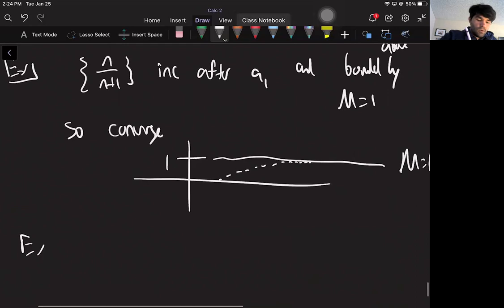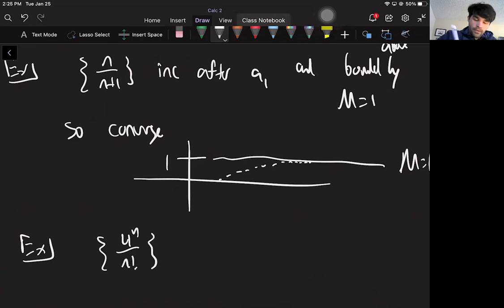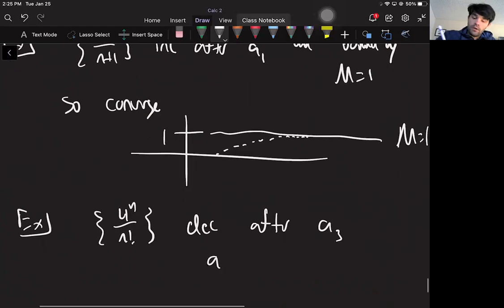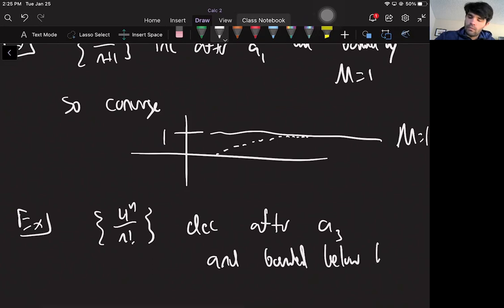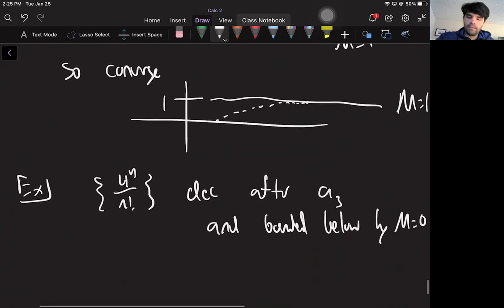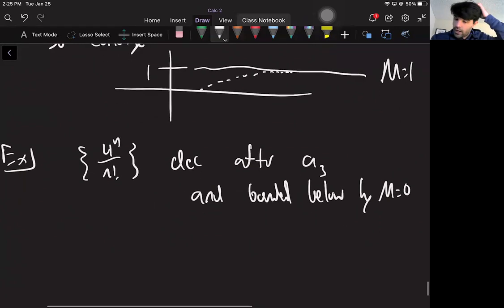I think we did one more that I can reference. So this one as well was decreasing after A3, but it's also bounded below by 0 because it can never be negative.